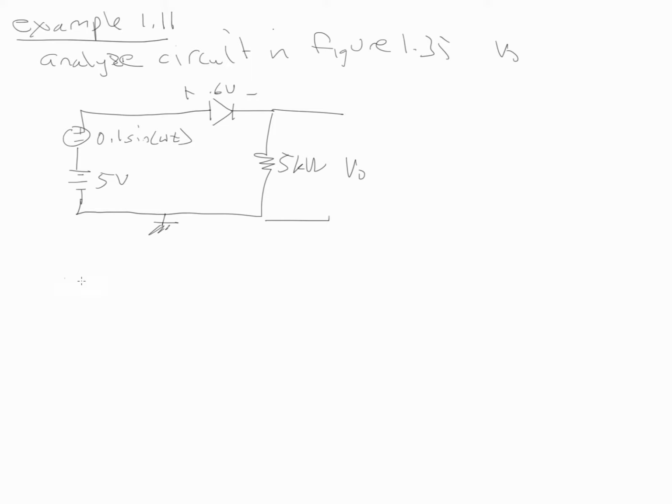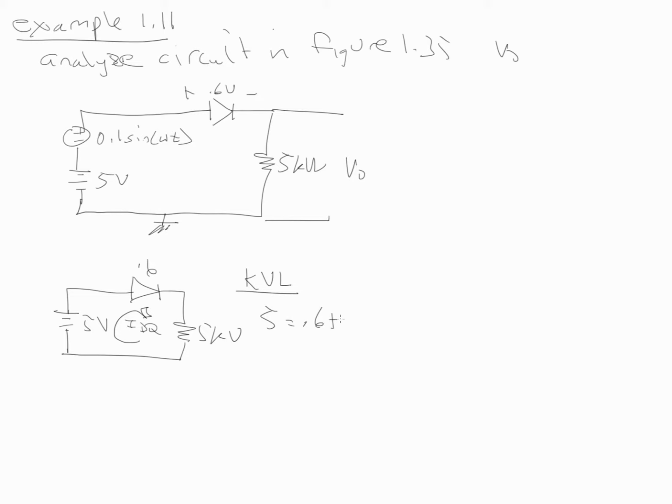And so we have to do the DC analysis only first. This was 5 volts, and this was 5 kilo ohms. And so we just do KVL at this point, Kirchhoff voltage law. So we get 5 equals 0.6 plus IDQ times 5,000.